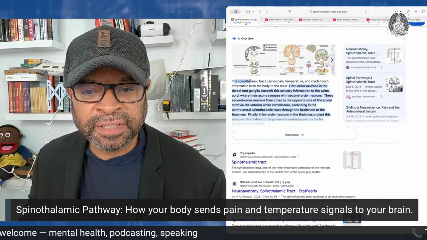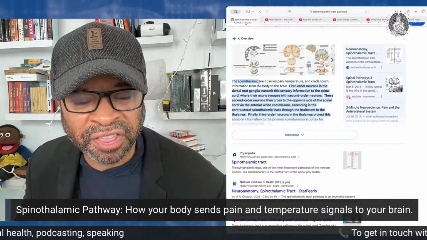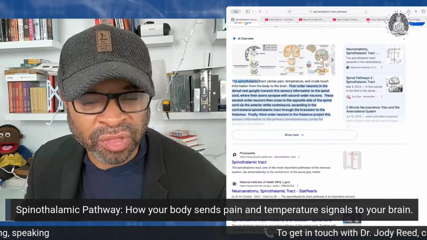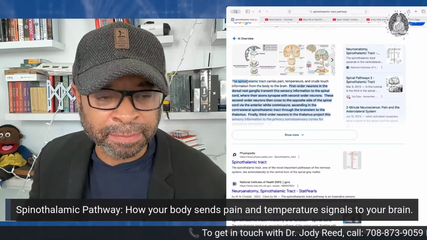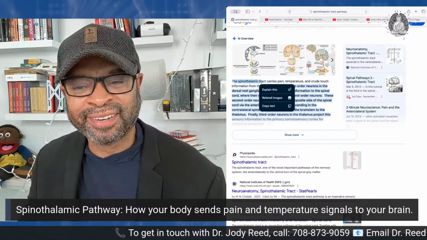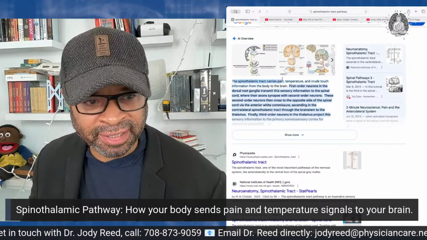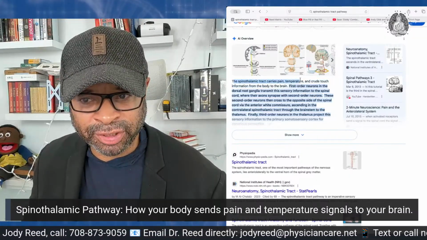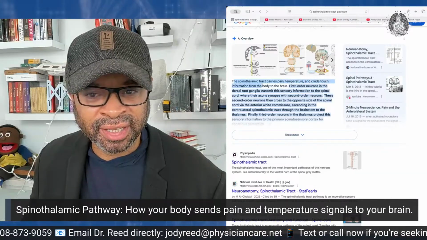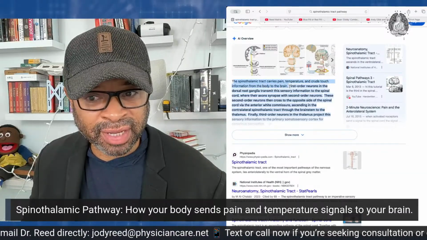The spine to the thalamus. Spinothalamic tract, right? The spine to the thalamus. Pain. The spinothalamic tract carries pain, temperature, crude touch, information from the body to the brain.